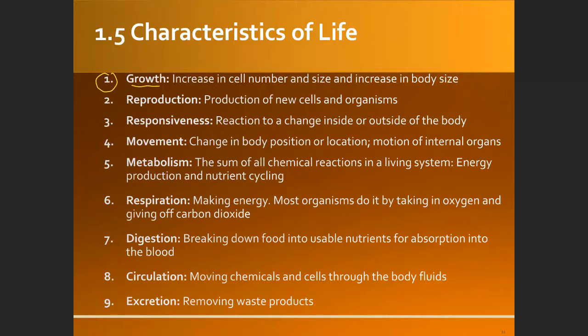Just remember, we actually start from a zygote, which is only one cell combining the sperm and the egg. This zygote then divides into millions of cells. So this is an increase in numbers.